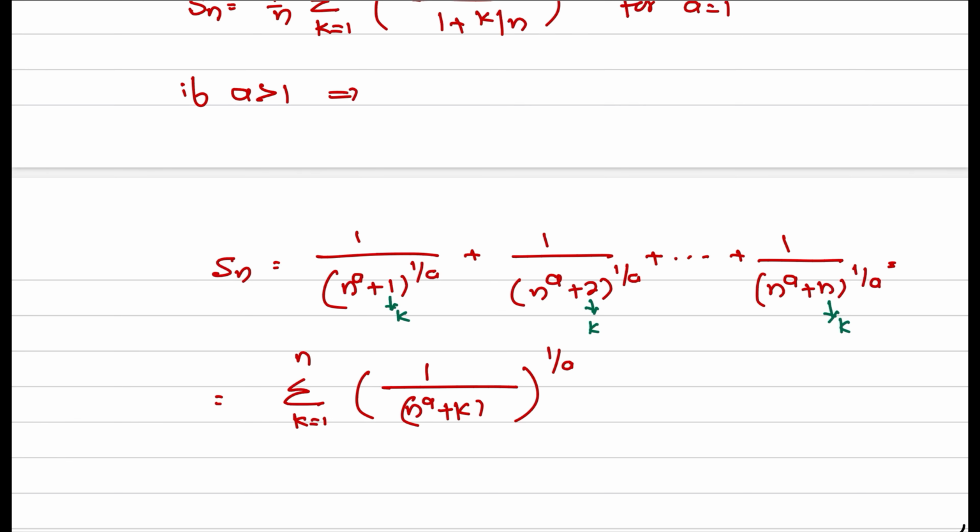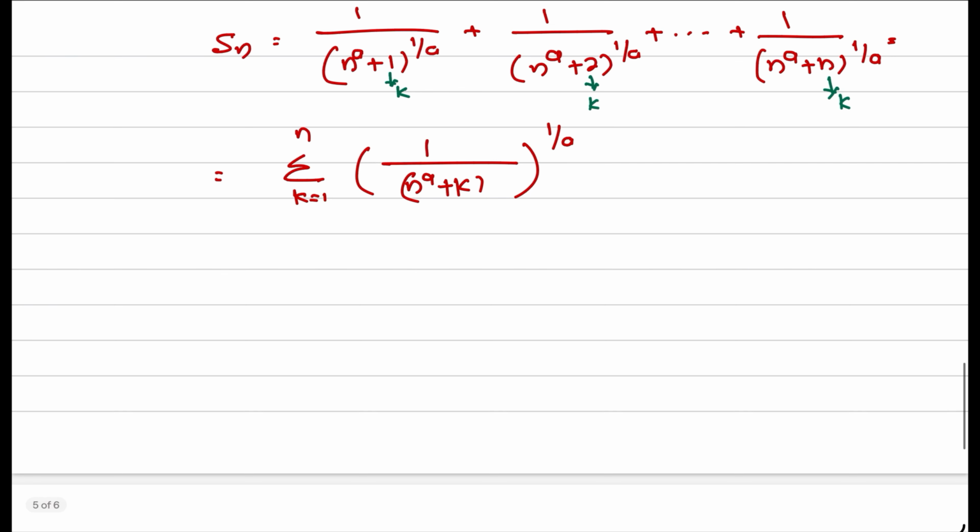Because 1 to the power of 1 by a is 1 only, when a is greater than 1. This is the general series. In general form, it can be written like this, when a is greater than 1 or for anything.